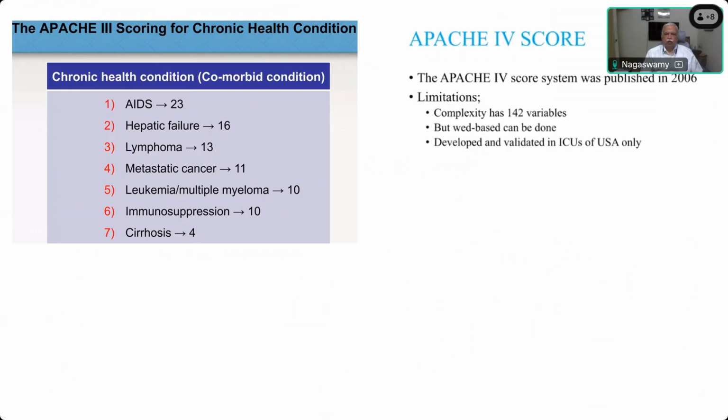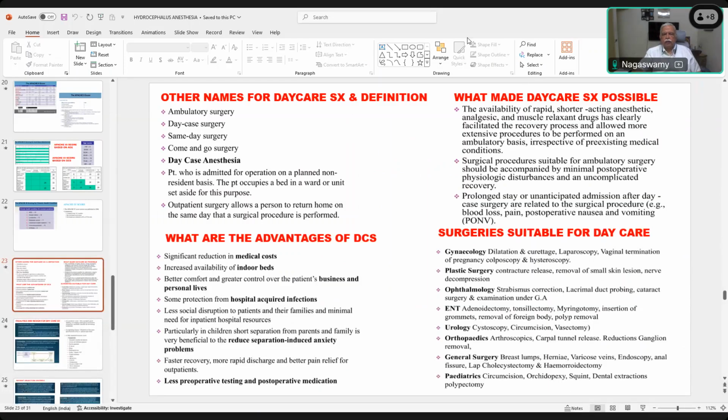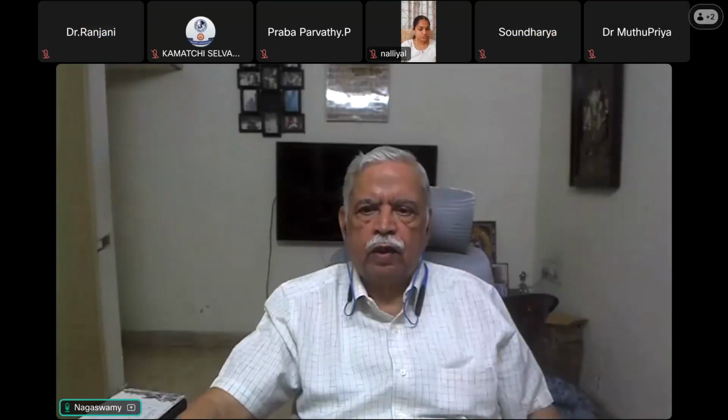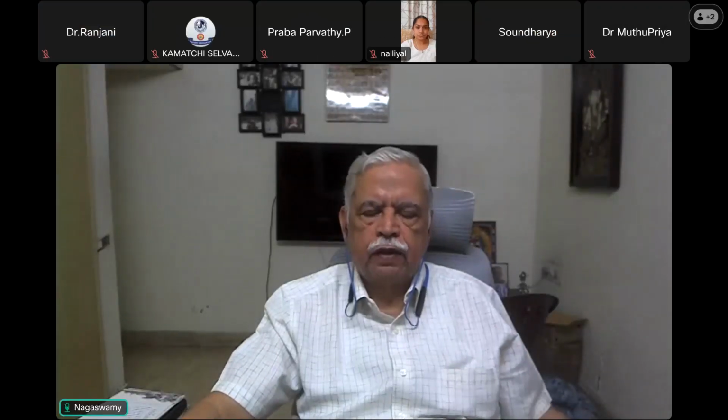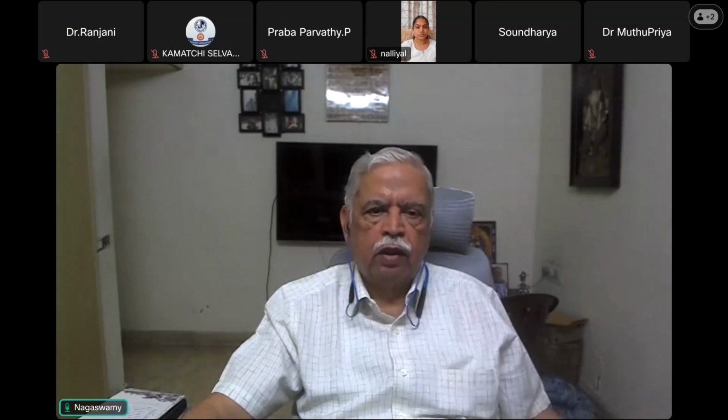And the Apache 4 score system has as many as 142 variables, but is web-based and can be developed and validated in ICUs. So these are the things you can write about Apache score. But as you rightly said, you have to give more importance to Apache 2, which is still commonly used.